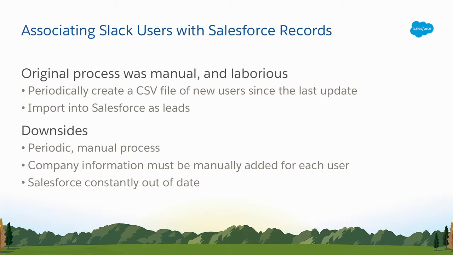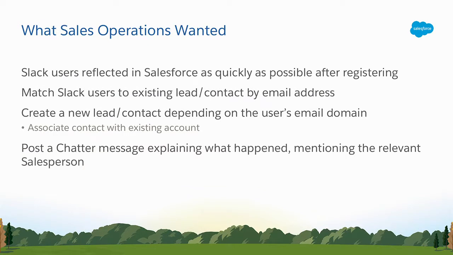And this was very laborious and manual, and it wasn't great quality data because we just had name and email. And Salesforce was constantly out of date by up to 2 weeks, if that was the period I was giving the reports over.